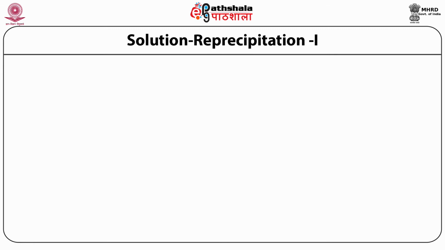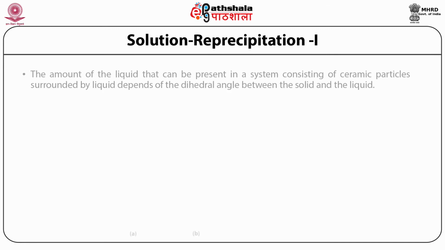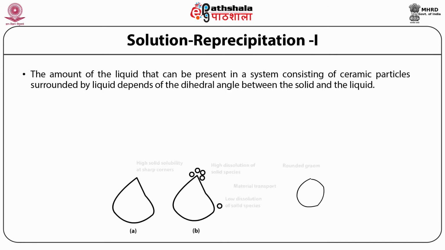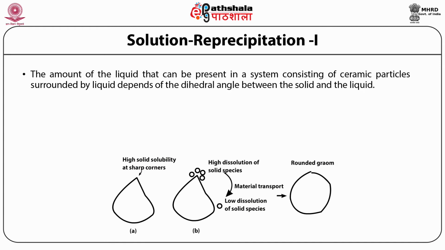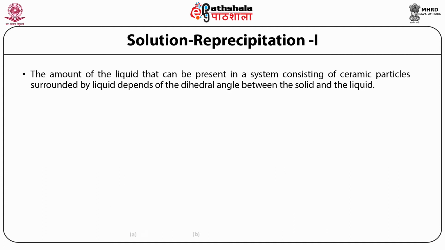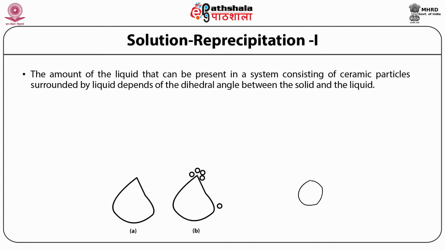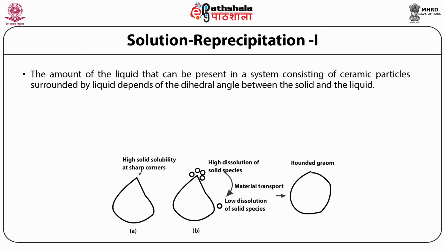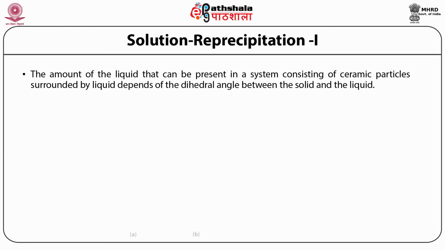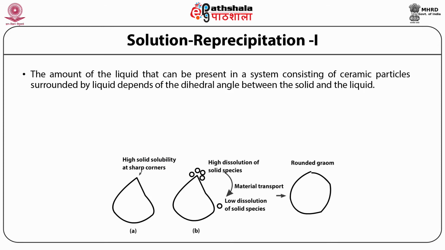So in continuation with the previous slide, the amount of the liquid that can be present in a system consisting of ceramic particles surrounded by liquid depends on the dihedral angle between solid and liquid. This figure shows the result of the calculation of the energy of the system as a function of volume fraction of the liquid for different dihedral angles.